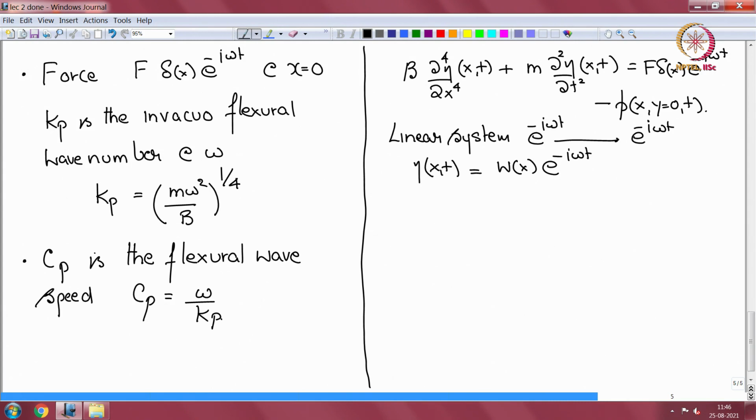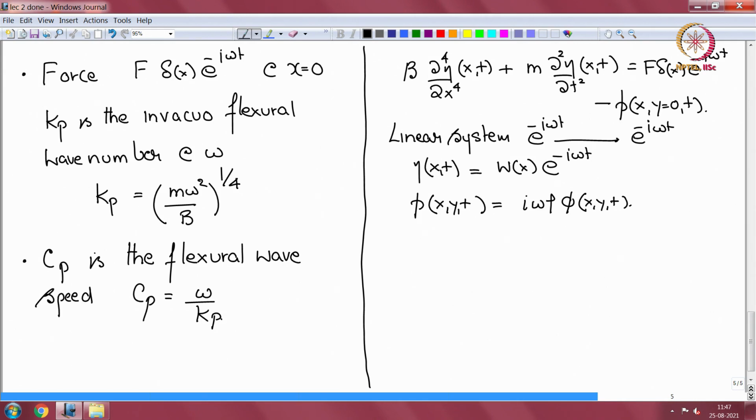Okay, and my pressure p of x comma y comma t is equal to I omega rho phi of x comma y comma t.